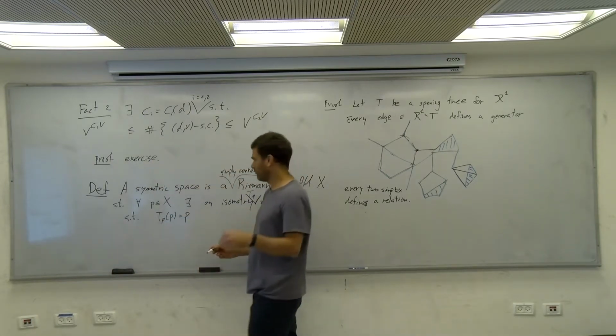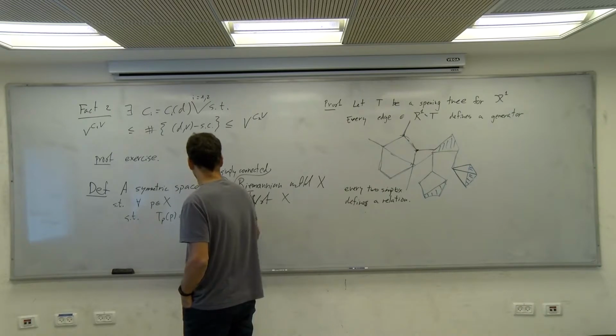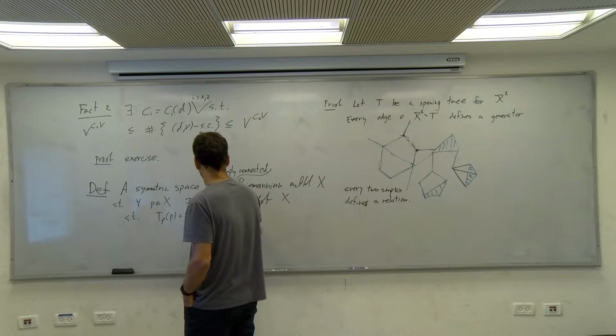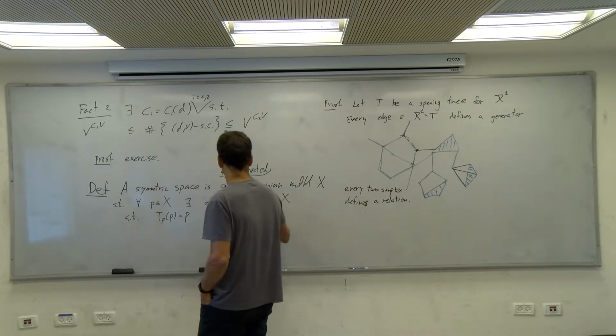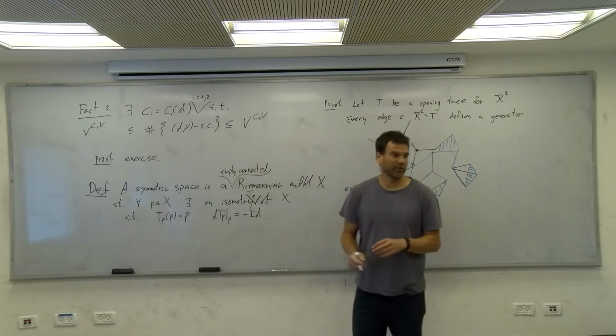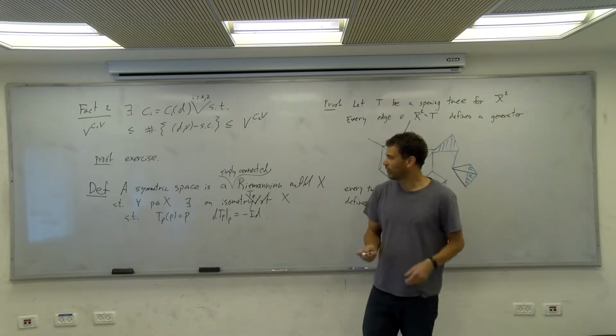So every geodesic goes to its inverse, and so you can say that the differential of T_P at P is minus the identity. So in the tangent space, it's actually minus the identity. So this is a symmetric space.